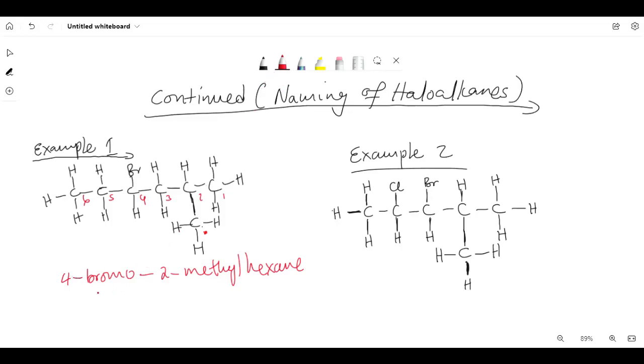Let's count the total number of positions. The total is going to be 2 plus 4, which is 6.